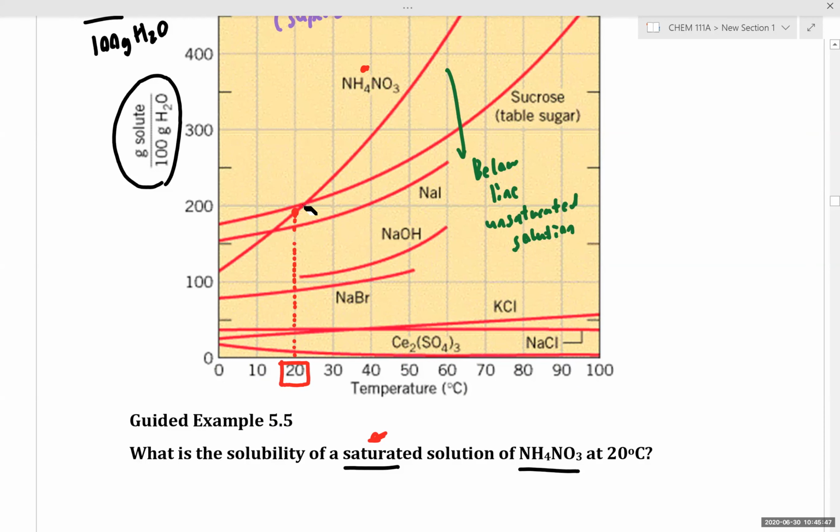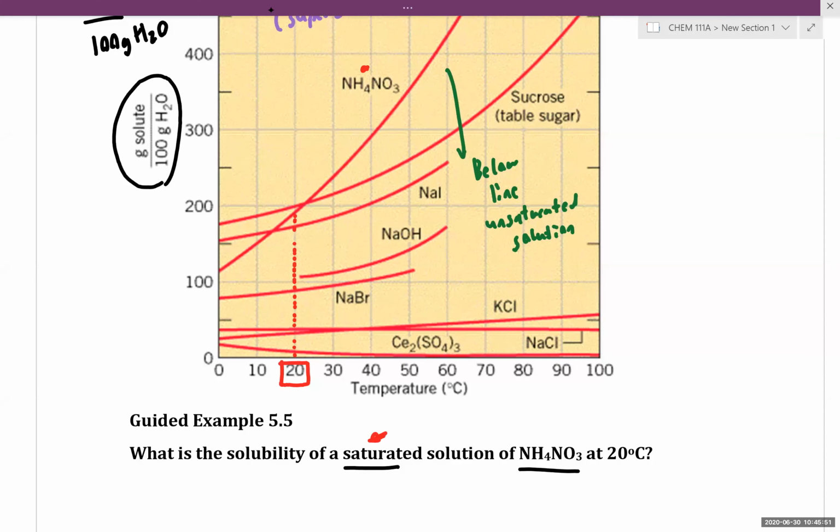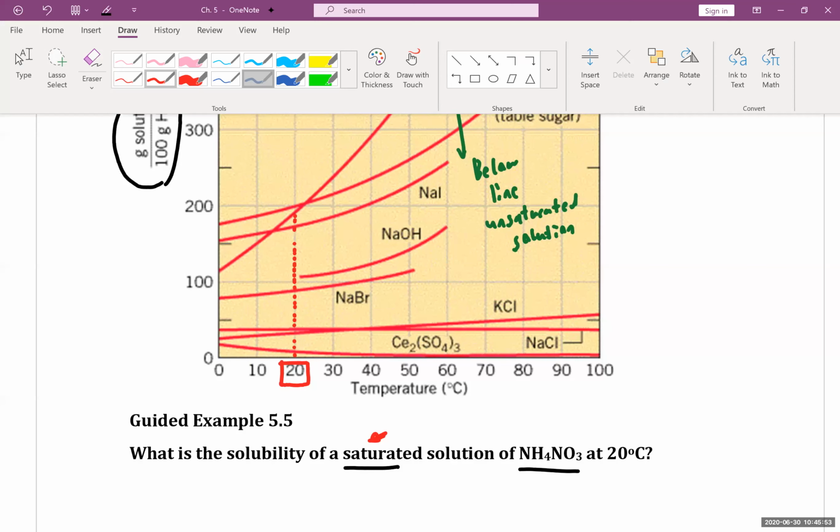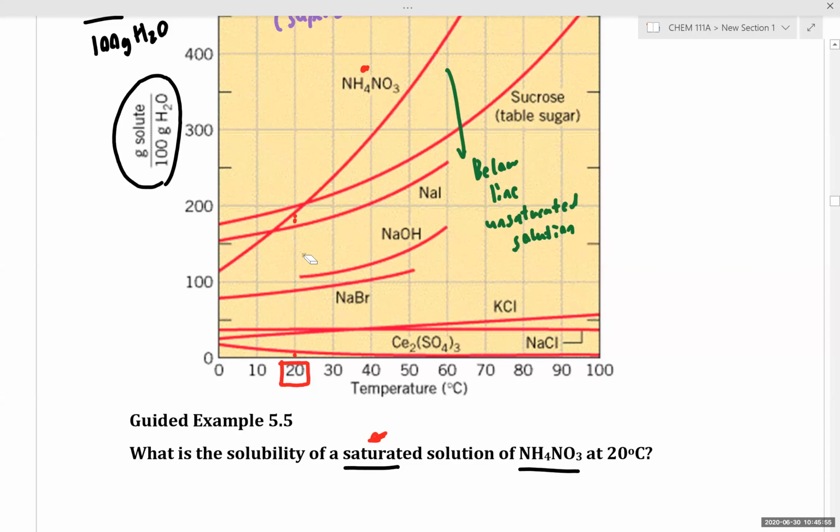If we're right on the line, that is known as a saturated solution. Let me use a slightly different color than red so it doesn't make things too confusing. So we trace from 20 degrees Celsius up to our ammonium nitrate line, and then we trace across, and that in turn gives us approximately 175 grams per 100 grams.